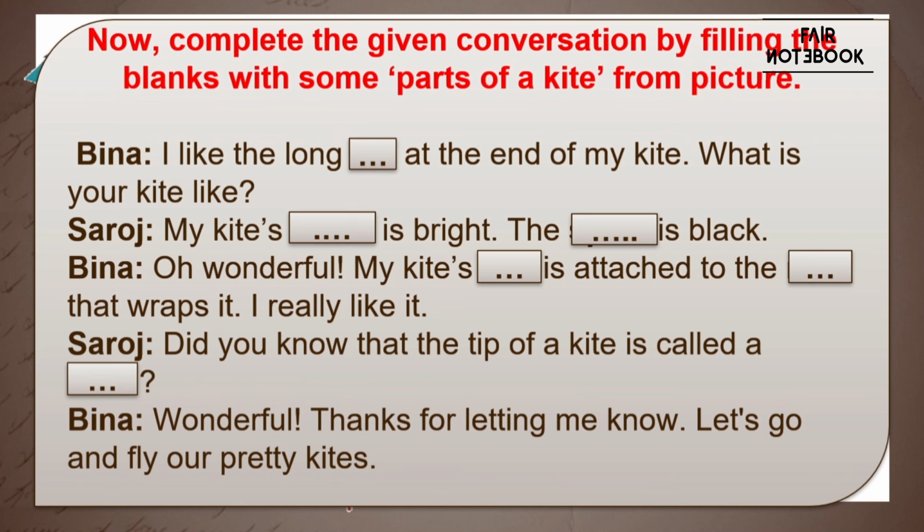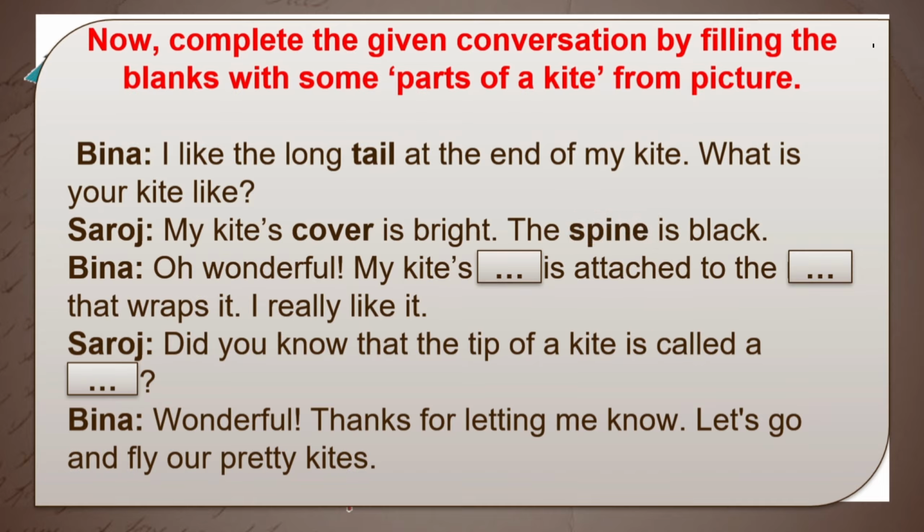Now, complete the given conversation by filling the blanks with some parts of a kite from the picture. Beena: Saroj, I like the long tail at the end of my kite. What is your kite like? Saroj: Beena, my kite's cover is bright. The spine is black.